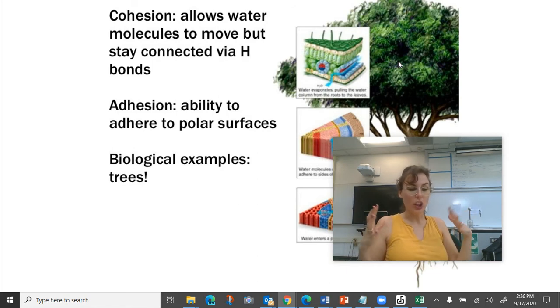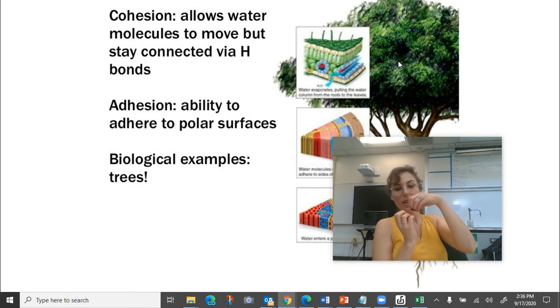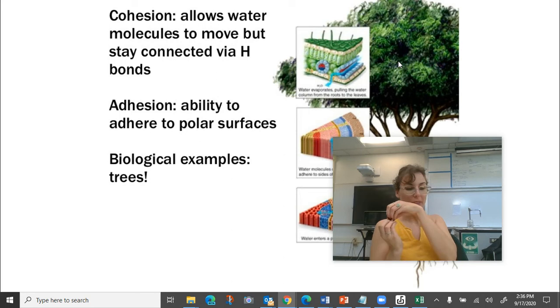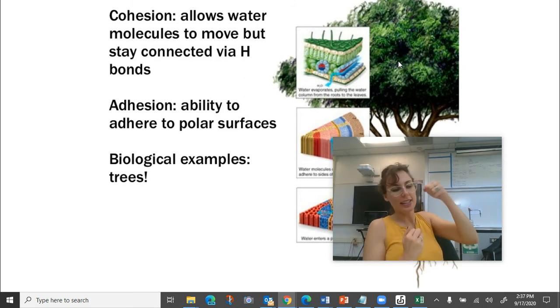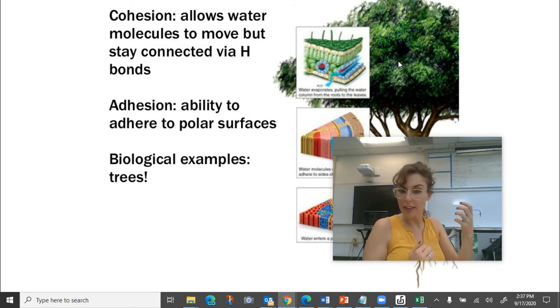But when it goes, because it's connected to another water molecule that's trying to pull that one up, it's like this whole chain. That's why you're able to go from water in the roots all the way to transpiration out the leaves, because the cohesive property of water molecules is trying to cling on to each other.